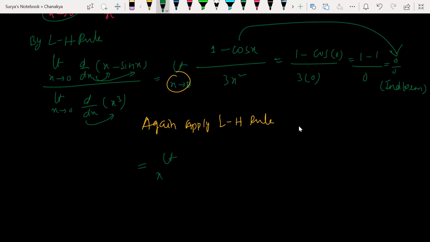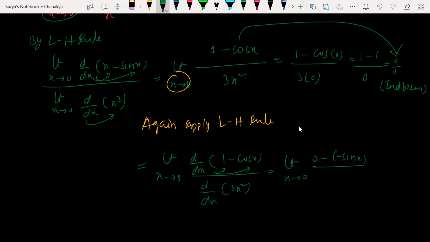So the limit x tends to 0 as it is. Differentiation of the numerator divided by d by dx of 3x square. d by dx of 1 is 0. Minus d by dx of cos x is minus sin x. Yes or no?